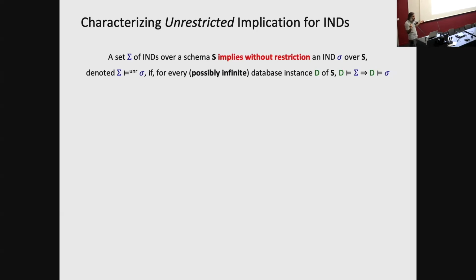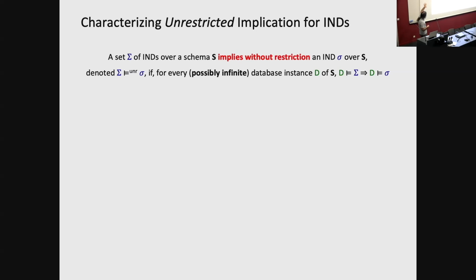In general, this is not the case, right? Of course, one implies the other immediately. So if sigma implies sigma in an unrestricted sense, then of course it implies it in a finite, restricted sense, but not the other way around, in general.